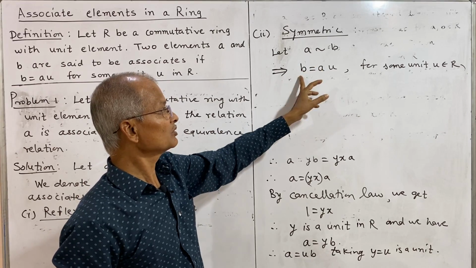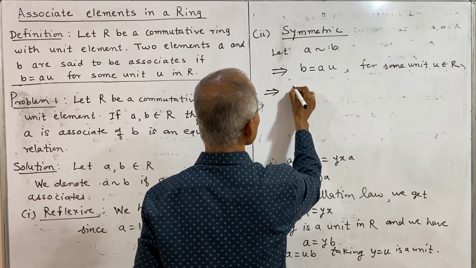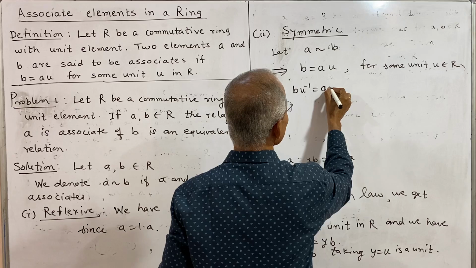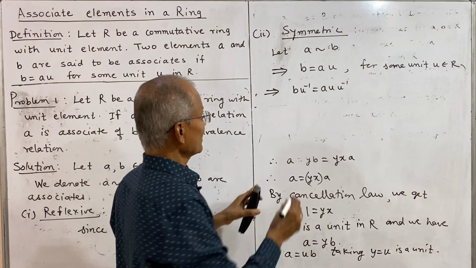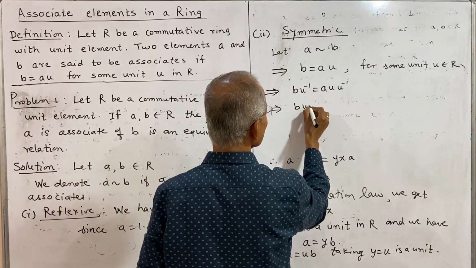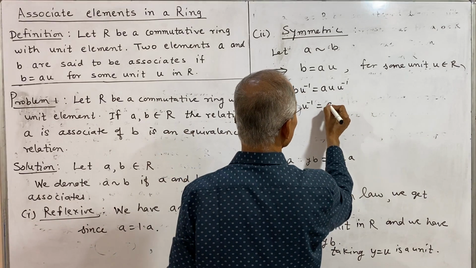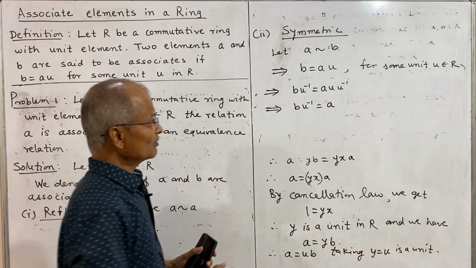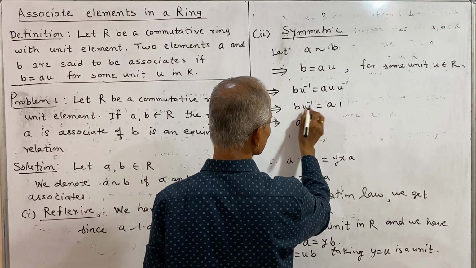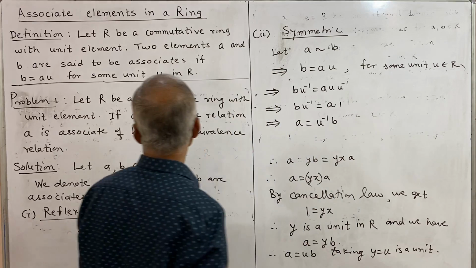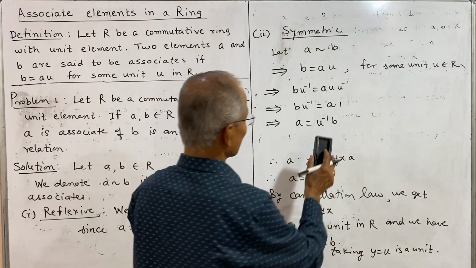So we multiply both sides by its multiplicative inverse, the inverse of U. That means B into inverse of U is equal to A U into inverse of U. The product of an element and its inverse is identity, and therefore the right side will be only A into 1, that is A is equal to U inverse into B, or B into U inverse, anyway you can write, it is commutative.